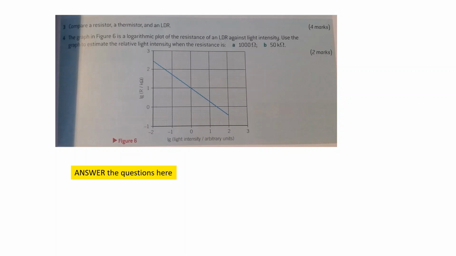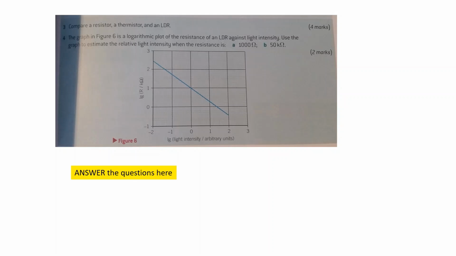So anything to the power of 0 is 1. So you look on the y-axis, 0. You go across. Where it hits the line, that should be about 1.4. Now, because again on the x-axis it is log to the base 10, you do 10 to the power of 1.4. This is for A. For B, 50 kilo ohms.